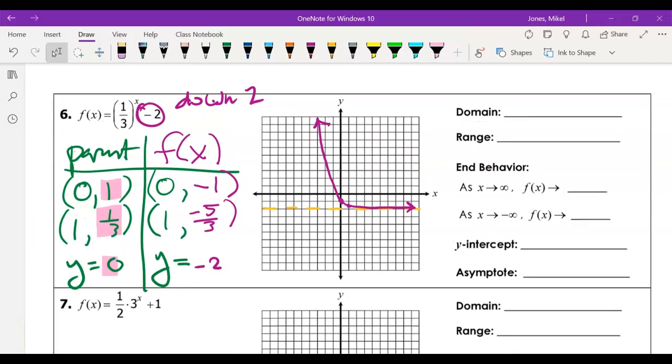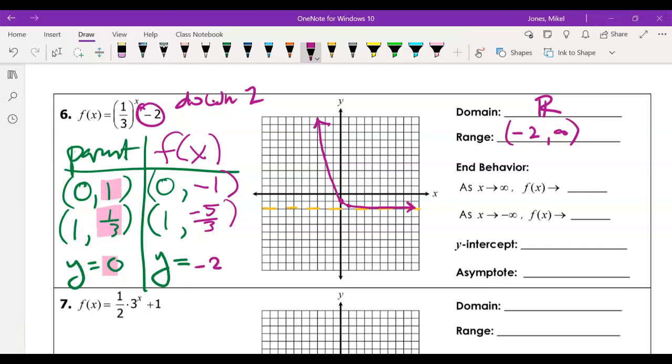All right, so domain, all real numbers. My range, it's not just positive values though. Now, where is my range? -2 to infinity, yeah. So it's everything above that asymptote in this case.